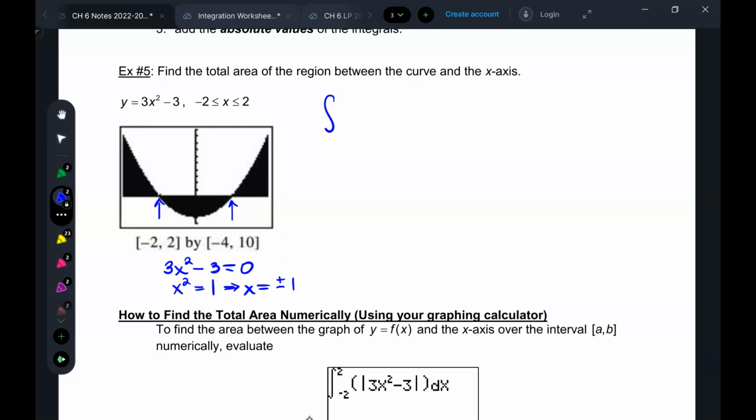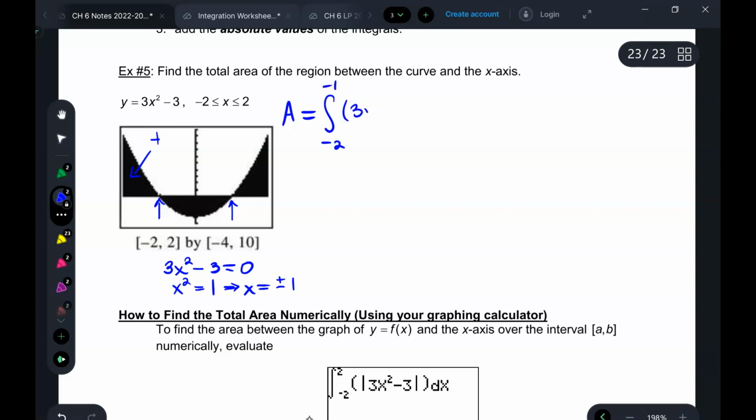Okay, so the first part of the integral, that's already positive. So I'm going to put area equals, from negative 2 to negative 1 of 3x squared minus 3 dx.